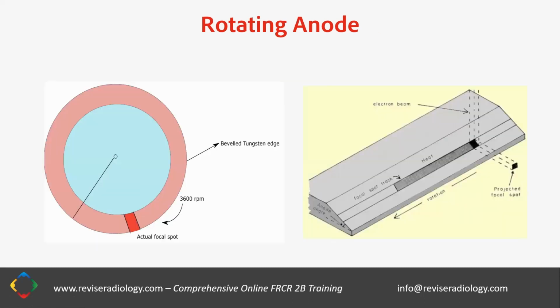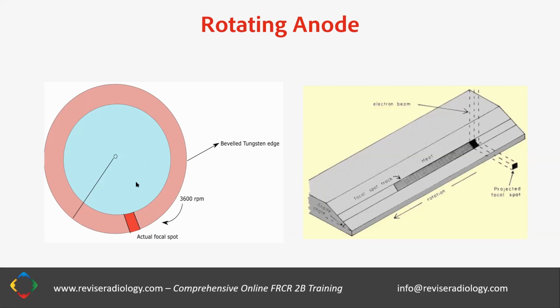Another thing that you do to reduce the heat production is use a rotating anode. You can see here what it looks like. The center is usually a molybdenum disc, molybdenum because it has good qualities of heat dissipation, with the edge made of tungsten, and you direct the electron beams towards the edge. The disc rotates at a speed of around 3,600 RPM.